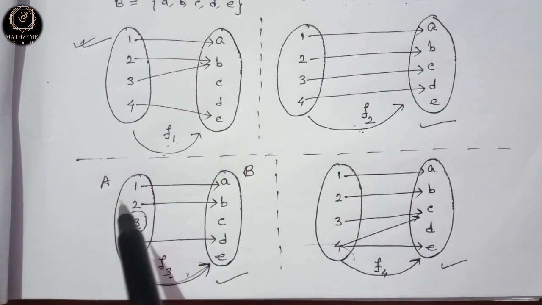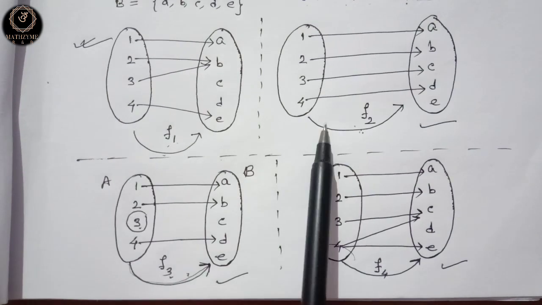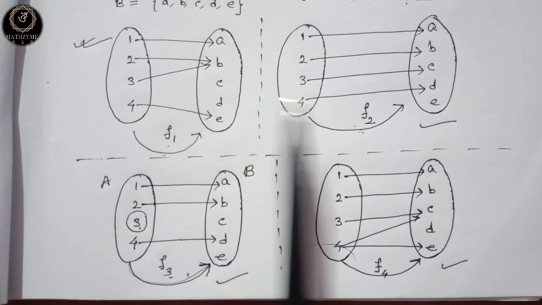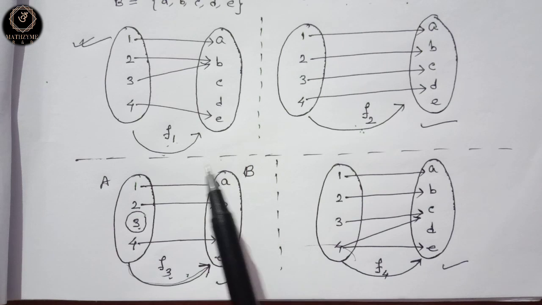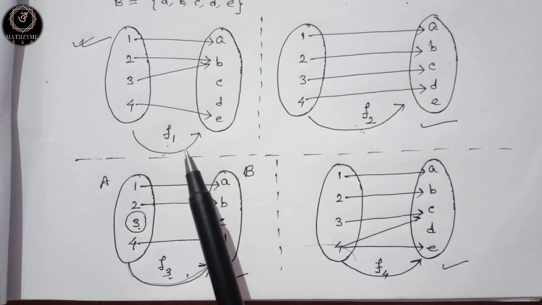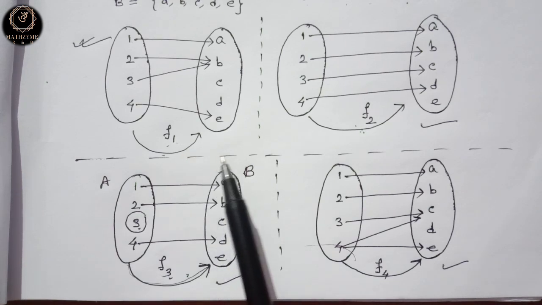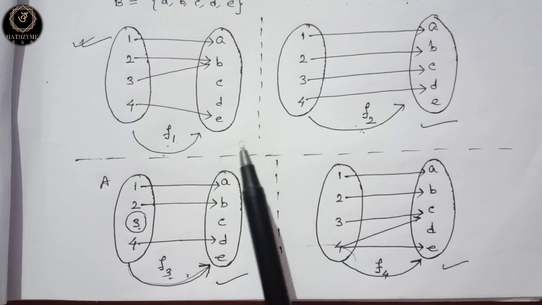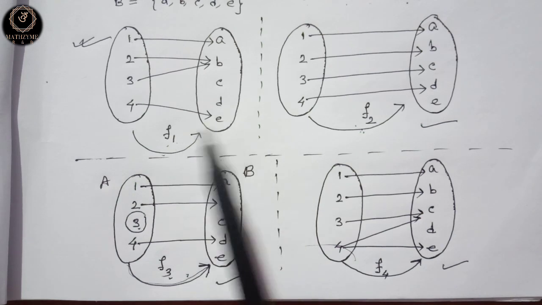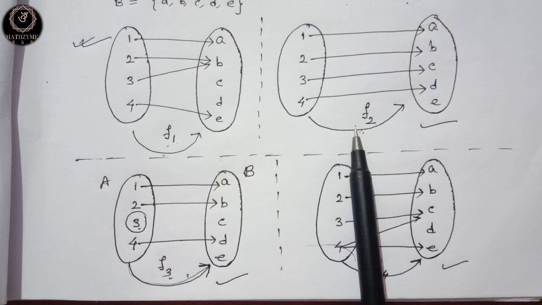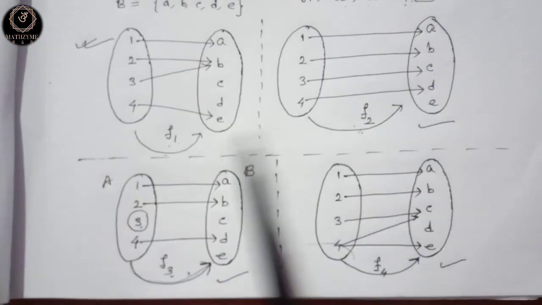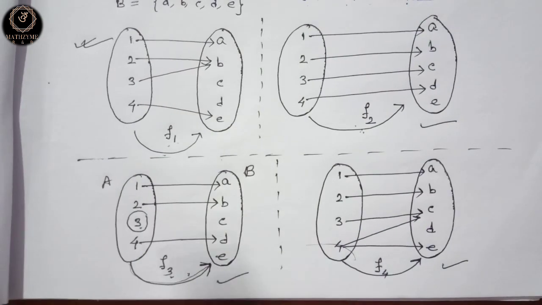Here we observe that in figure 1 and figure 2, f1 and f2 are functions from A into B, since each element of A is associated to a unique element in B under f1 and f2 both. Hence, they represent functions.